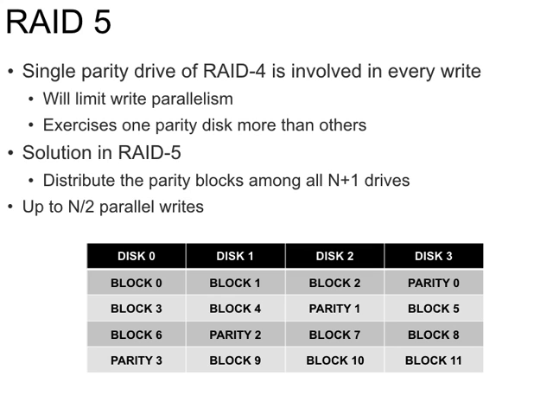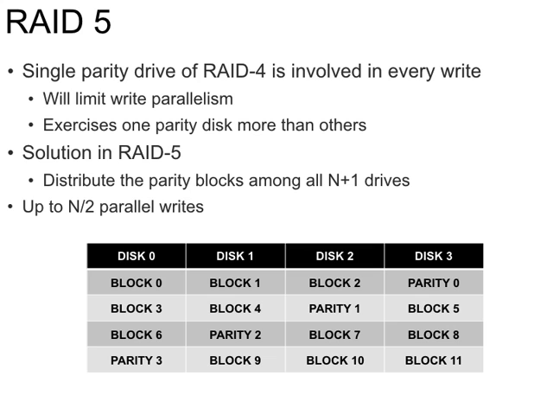The parity information for blocks 0, 1 and 2 is stored in disk 3. Parity information for blocks 3, 4 and 5 is stored in disk 2, and so on. Essentially we stagger the parity information for different rows across different disks. As a result, now we get a little bit more parallelism.